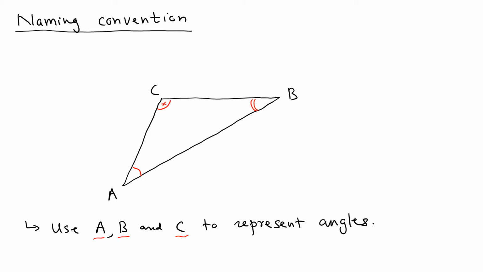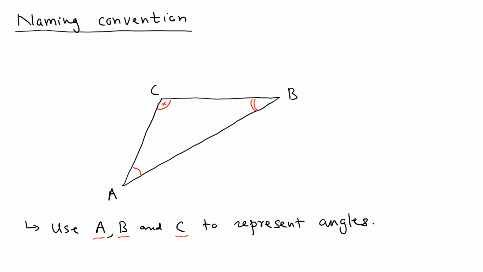The triangle also has some side lengths. For example, opposite to A, we have the side BC. Since it is opposite to A, it will be easier to use something similar to A to represent the length BC, because that's the corresponding side.